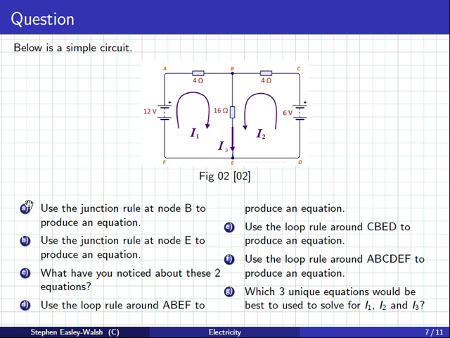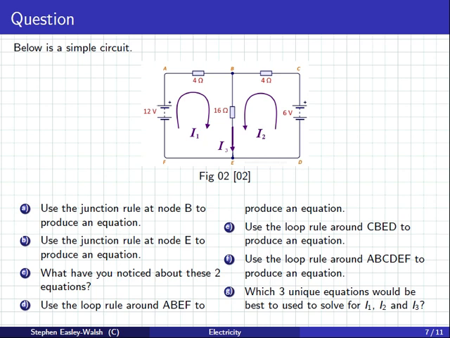I1 plus I2 minus I3 equals 0. Okay? You got that? Yeah?